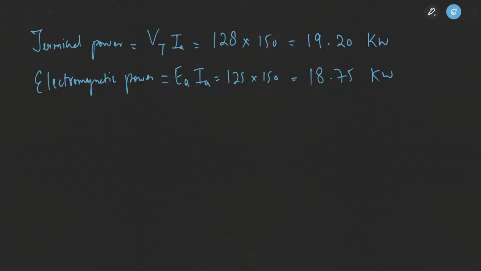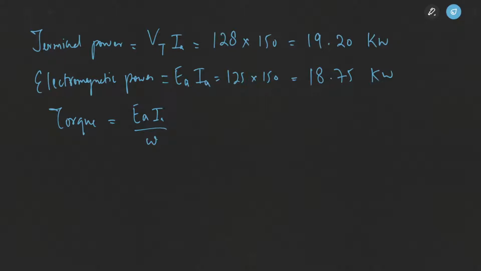And now the electromagnetic torque, or the torque equation of this motor, you can get directly from the electromagnetic power that was derived, EAIA divided by omega. This is the same formula that we have been using for torque: torque is equal to power divided by omega.